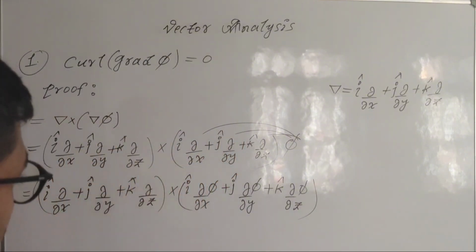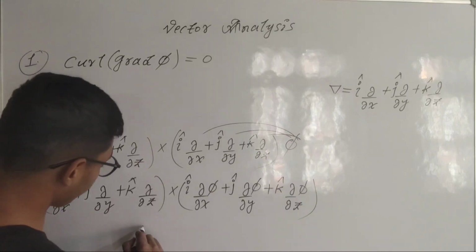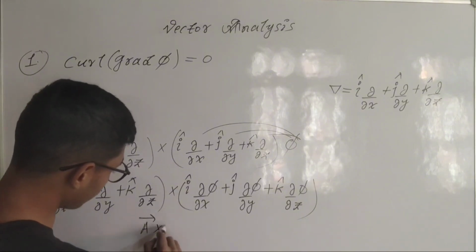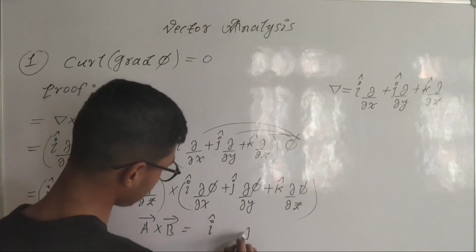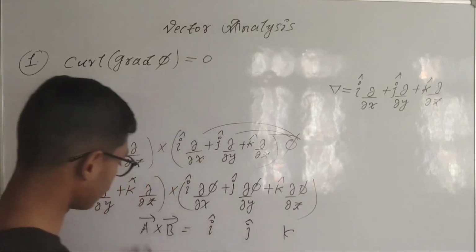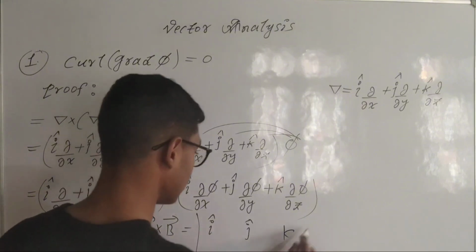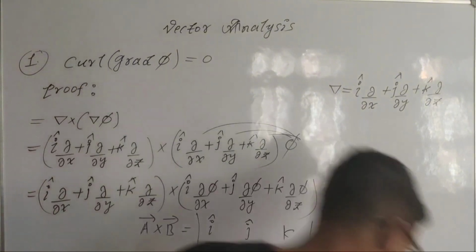So here is the cross, which is generally for the curl. We know the traditional method for finding the cross product of two vectors. We have to write i, j, k, and write the components of a here and components of b here, and find its determinant. We will use the same method here as well.